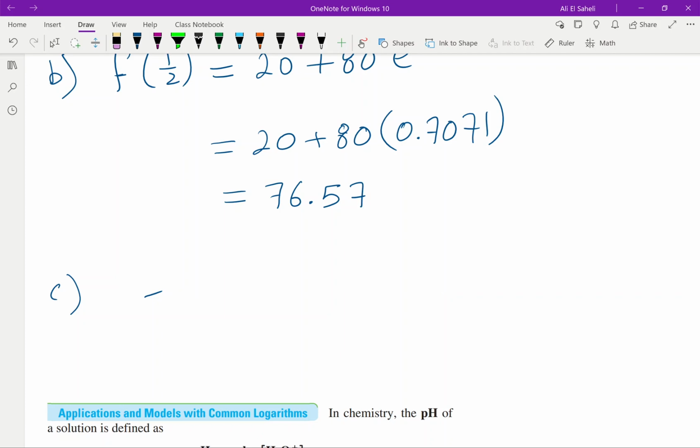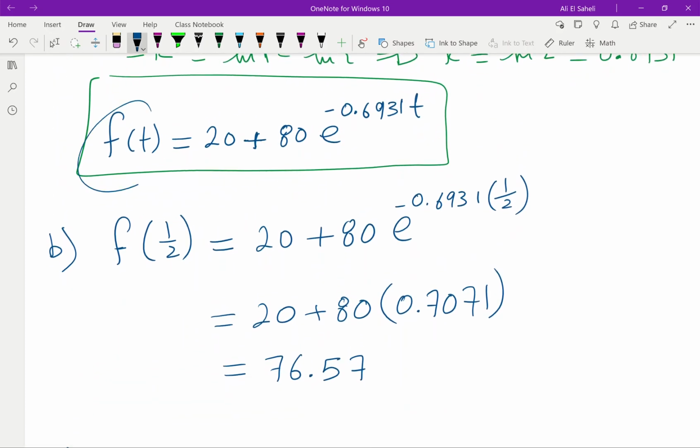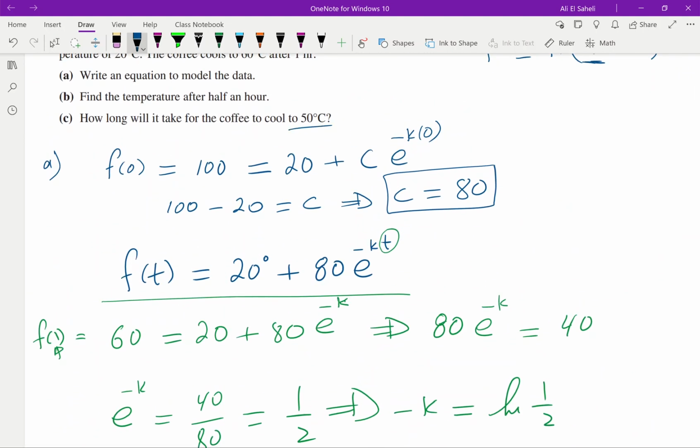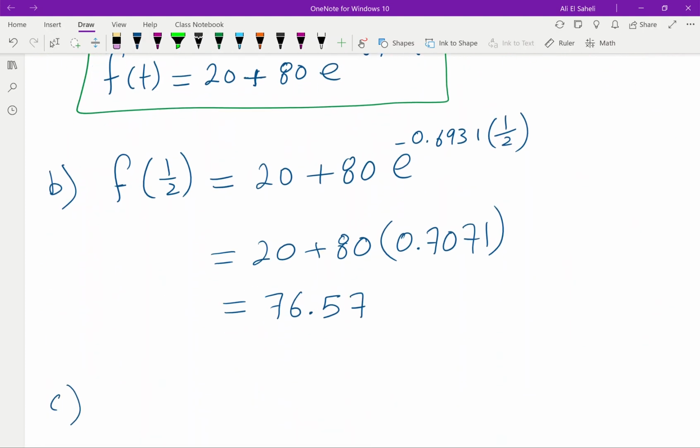F of t, we go back to our equation. F of t is, we're told, 50. So 50 equals 20 plus 80 e to the minus k times t.